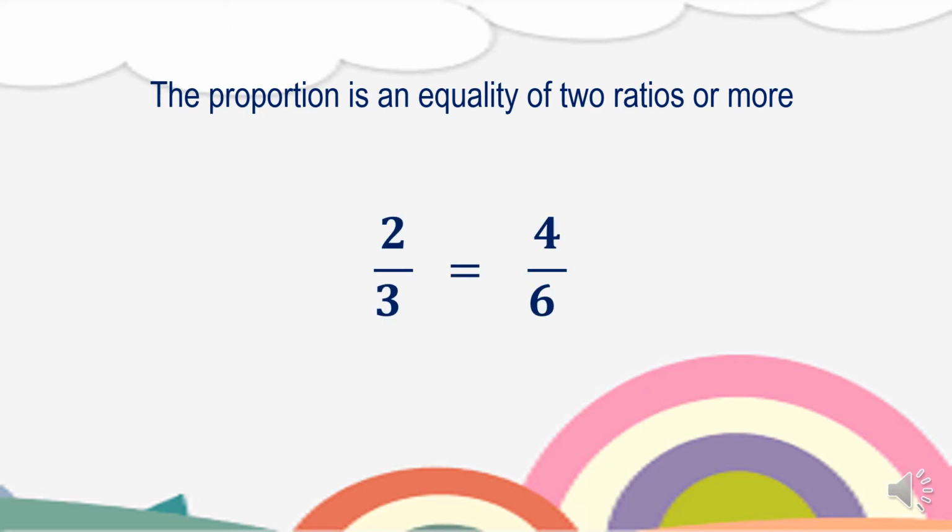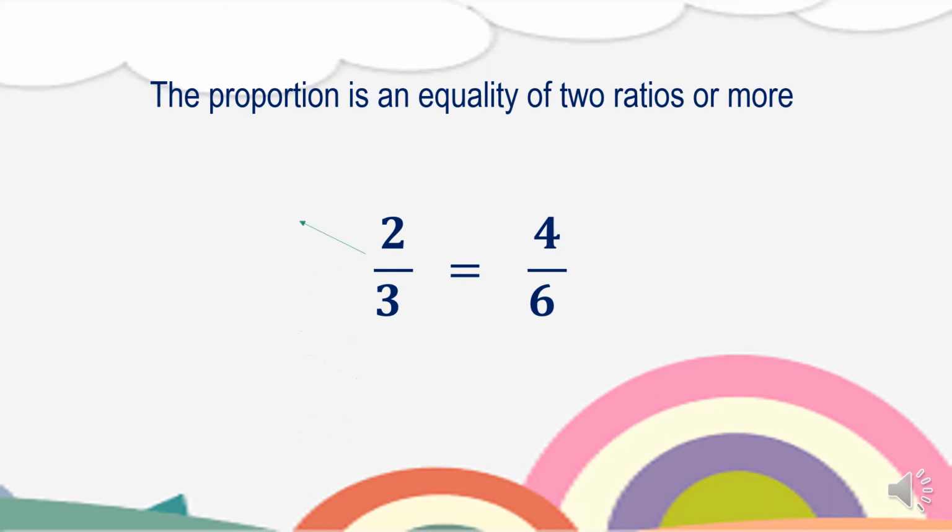If I have two ratios and between them the sign of equal, that means I have a proportion. The first ratio 2/3 equals the second ratio 4/6. Now I have a proportion.